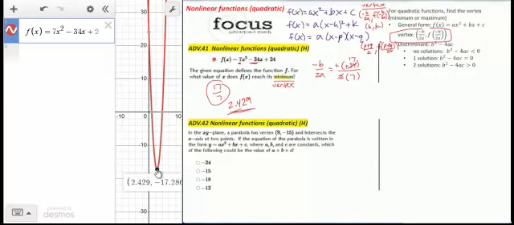Again, the SAT will accept decimal answers, so it should accept this as a correct answer. However, that is an approximation.